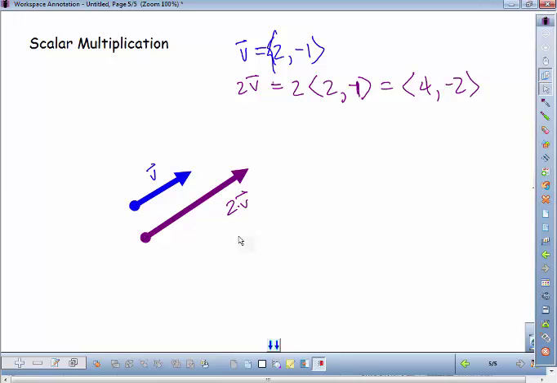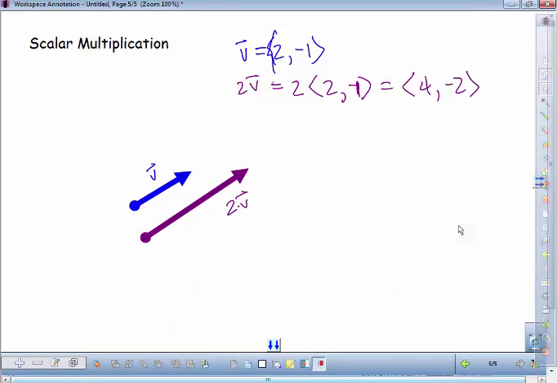If you do it 3 times, then it'll be 3 times as long.